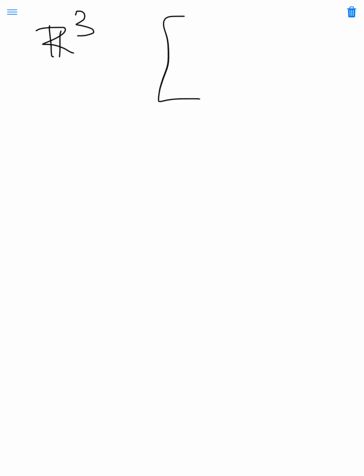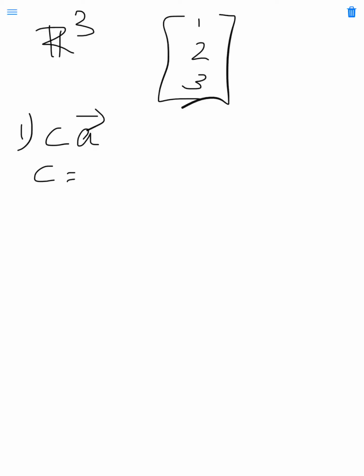For example, 1, 2 and 3. It has 3 components, real numbers. What is the first condition? You need to perform a scalar multiplication. If I take the c value to be 2, what result will you get? 2 times (1, 2, 3).